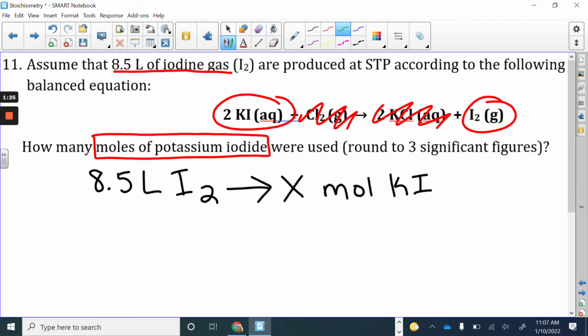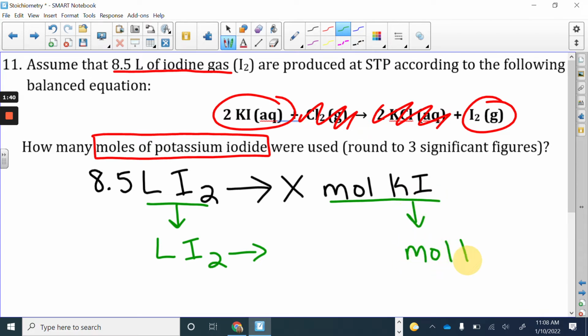Next step is we're going to take the units that we have here and drop them down. We're going to create a second line. We have liters of I2 or iodine, and we have moles of KI. Next, I need to use the coefficients in the balanced equation that they gave me.